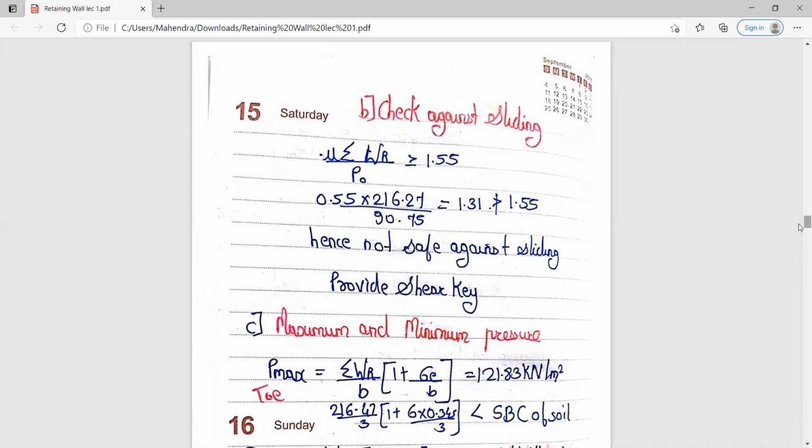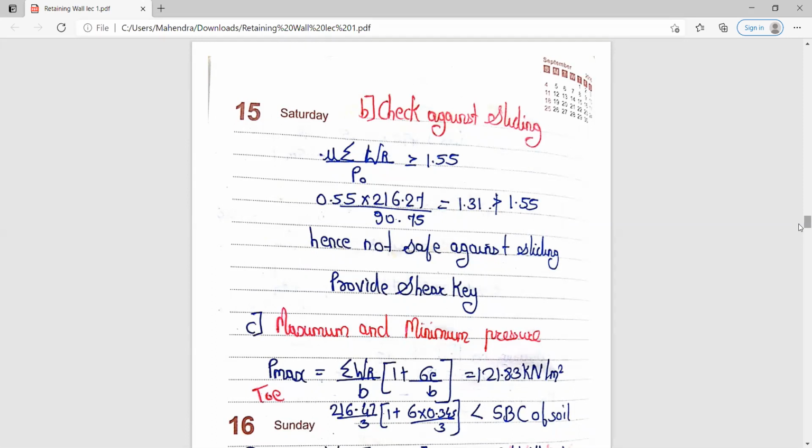So the value of mu is 0.55 into summation of all the weight. Summation of all the weight you have just calculated, so it is 216.27, upon pressure. So the pressure you got was 90.75. The value comes up to be 1.31. So it is not greater than 1.55. So your design is not safe for the sliding.